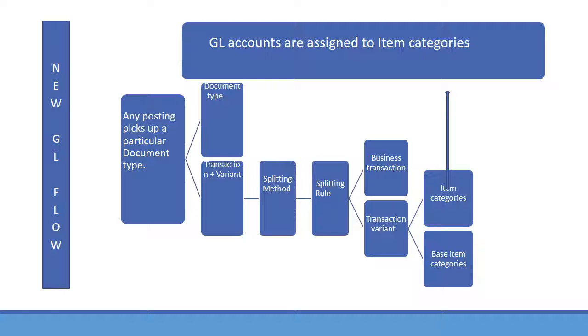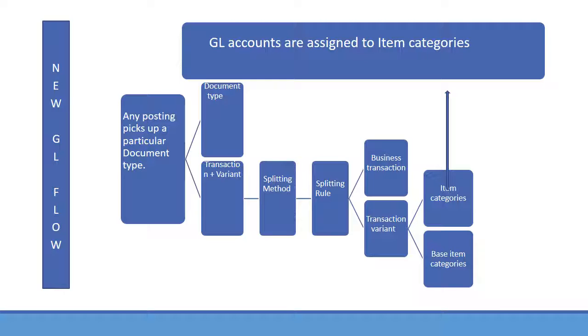So any posting picks up a particular document type. The document type is assigned to what is called a transaction variant. The transaction variant has a splitting method. The splitting method has what is called a splitting rule, and the splitting rule has a business transaction and transaction variant attached to it.